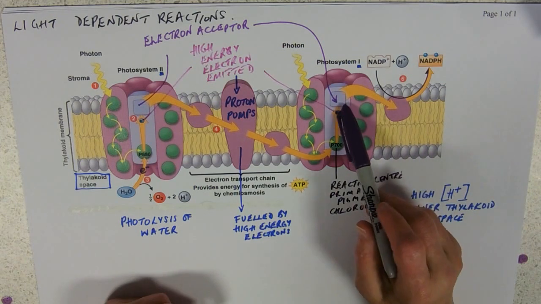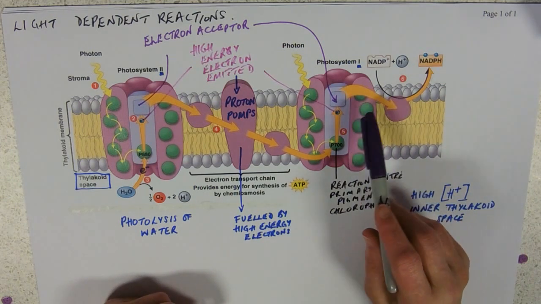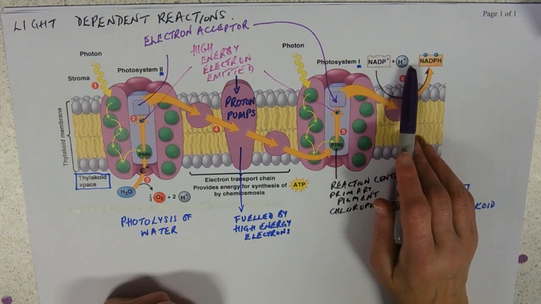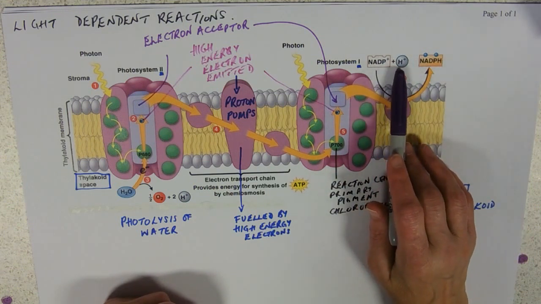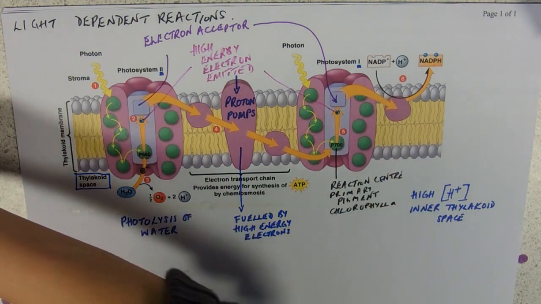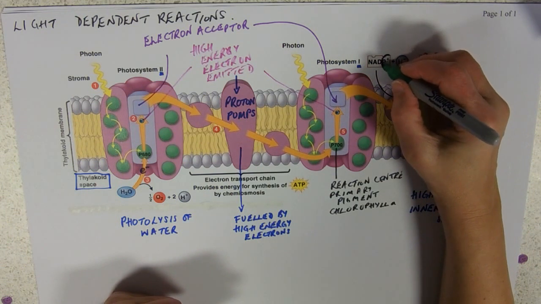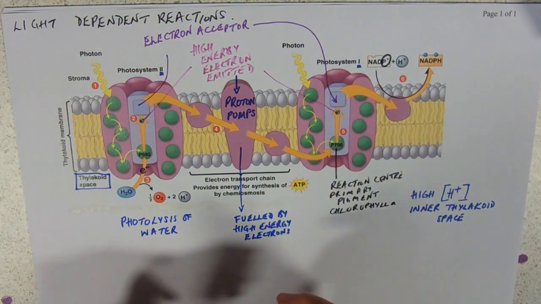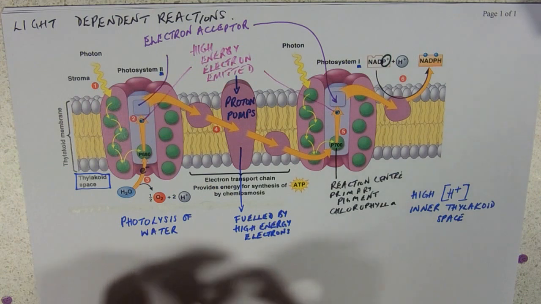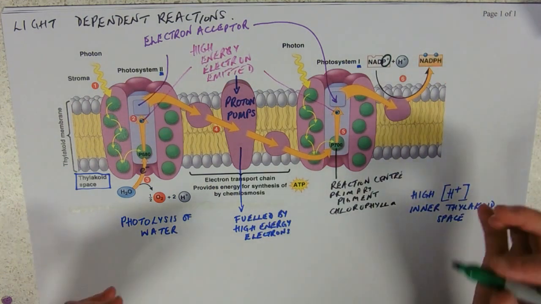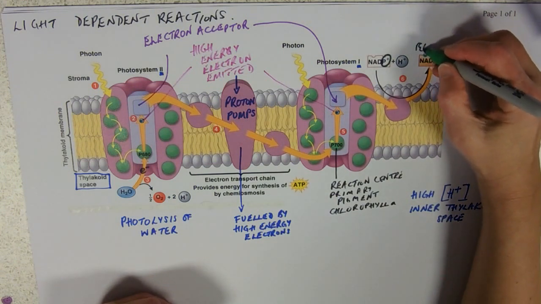The electron then carries on its journey and ends up in the stroma and being used to reduce NADP. Now, you've got to remember P for photosynthesis, so we're not dealing with NAD, so it's a similar molecule, but NADP in photosynthesis, to make NADPH or reduced NADP.